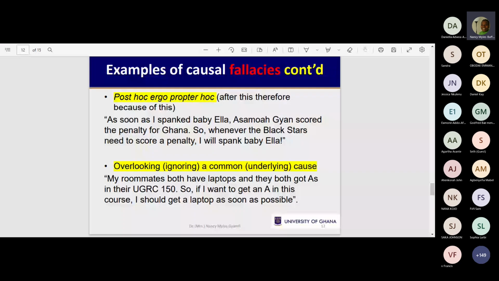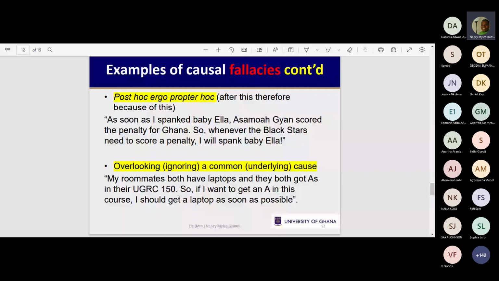There's an underlying factor that you haven't looked at. You are only seeing the surface of it. That fallacy can occur. It is called what? Overlooking or ignoring a factor that may be underneath. All you see is the one that reveals itself to you. Okay, so that's post hoc, ergo propter hoc, overlooking the common underlying cause.